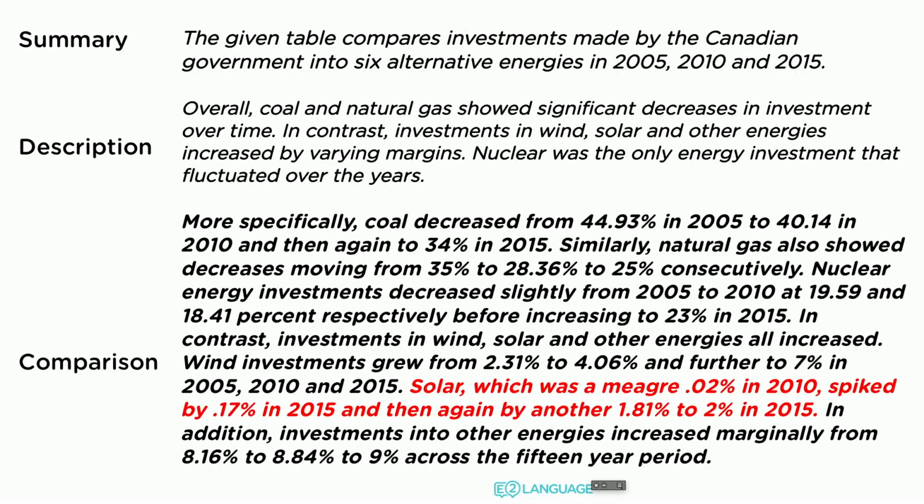That's a mistake. That should have said 2005, that should have said 2010, and that should have said 2015. In addition, investments into other energies increased marginally from 8.16% to 8.84% to 9% across the 15-year period.